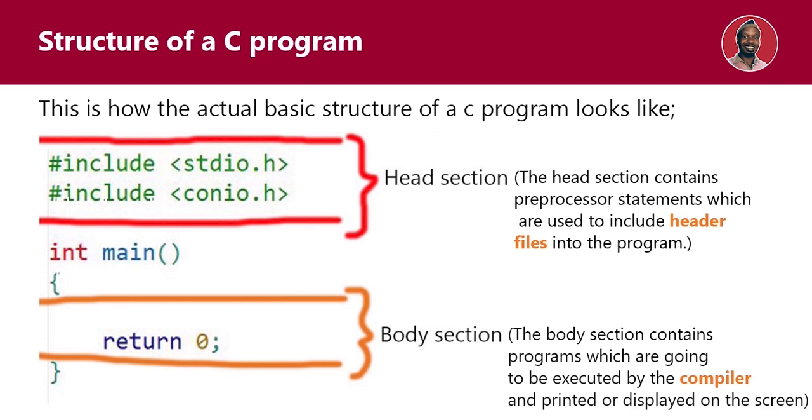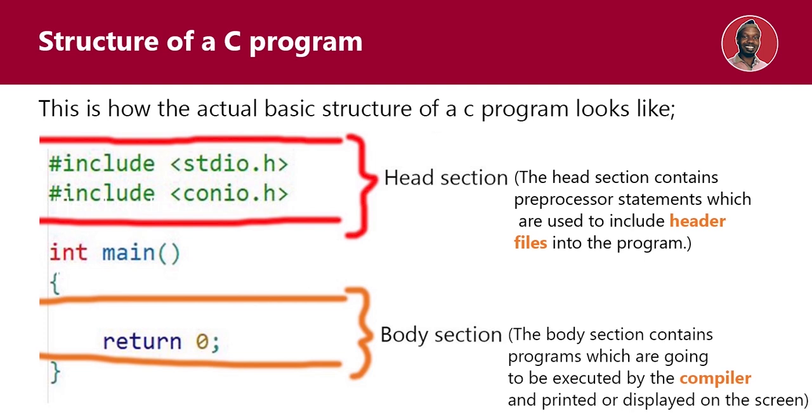The header files here, in the first two statements there, we have stdio, which stands for standard input output .h. The extension .h stands for header file. Then below that line we have another header file called conio, in full console input output .h.